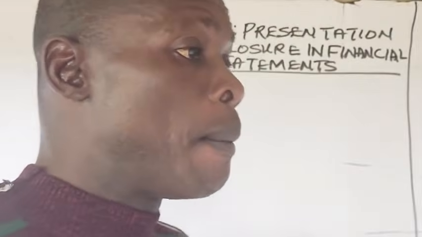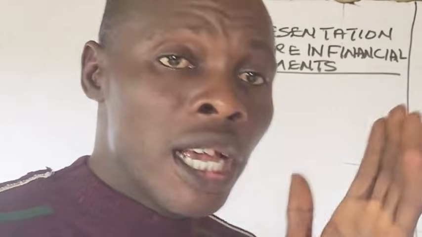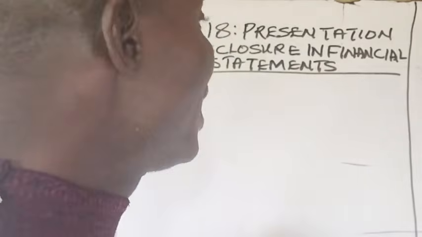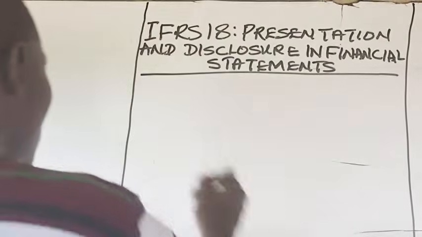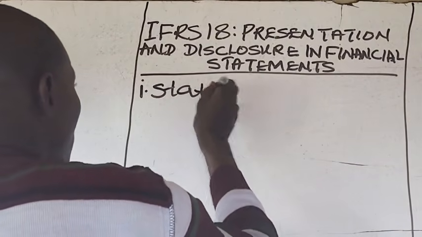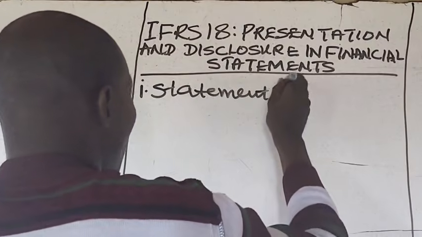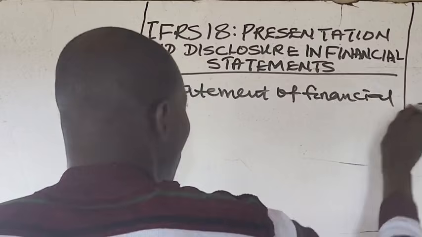IFRS 18, Presentation and Disclosure in Financial Statements, states that a complete set of financial statements comprises, number one, a statement of financial position.